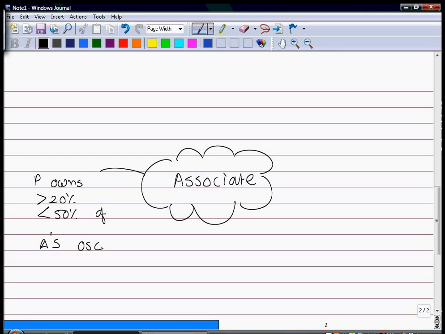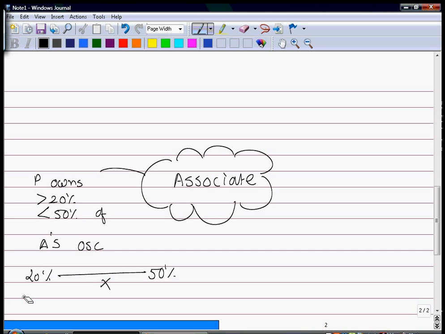But here we are not talking about more than 50% share. We are talking about share ownership which falls between 20 and 50% somewhere. So that makes the other company an associate of the parent.